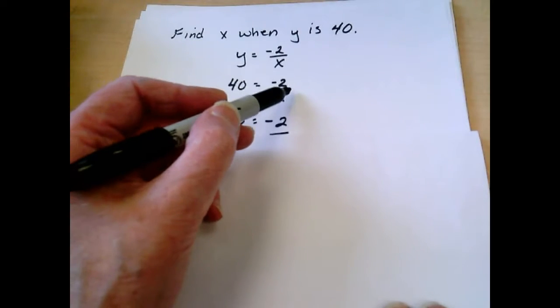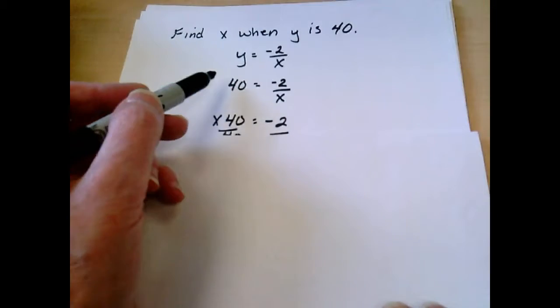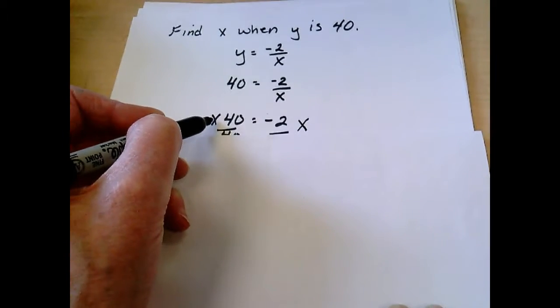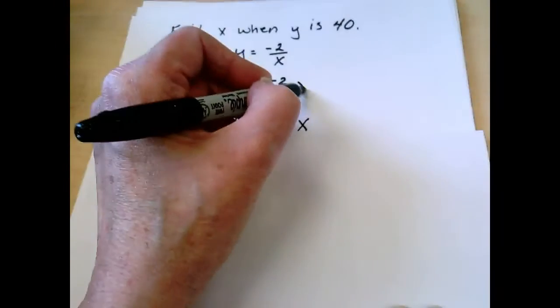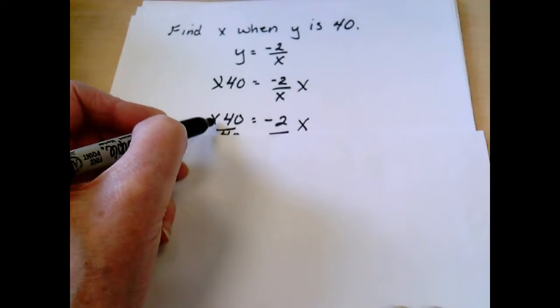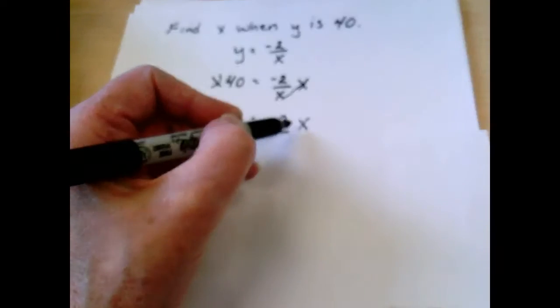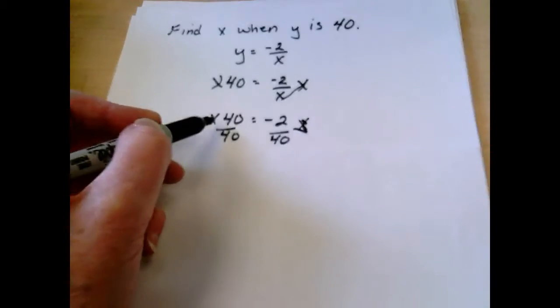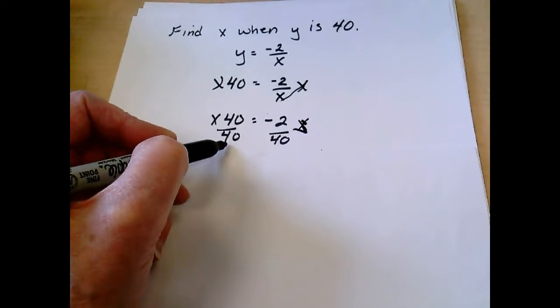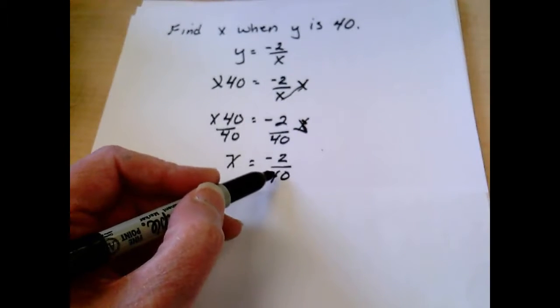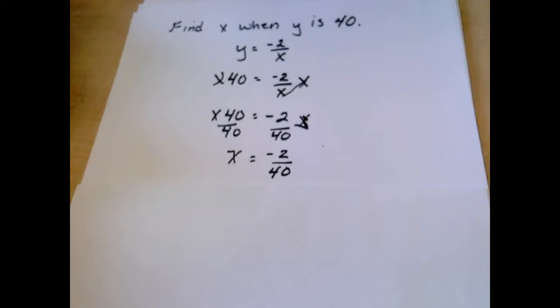We cancel x by multiplying both sides by x, and we get x times 40 equals -2. Now I divide by 40 on both sides, and I get x equals -2 over 40.